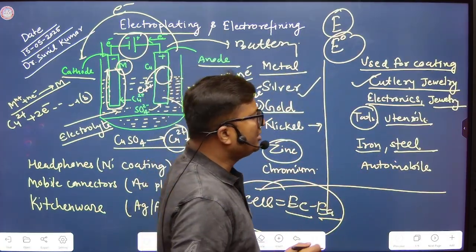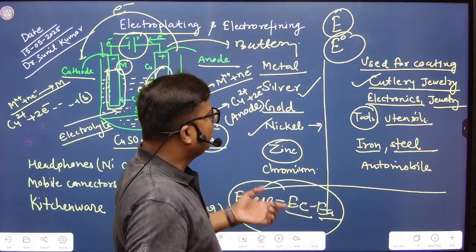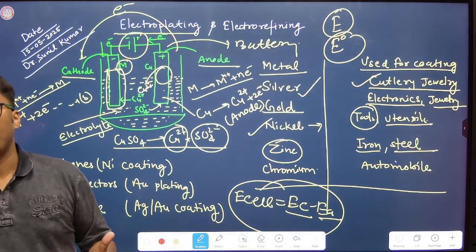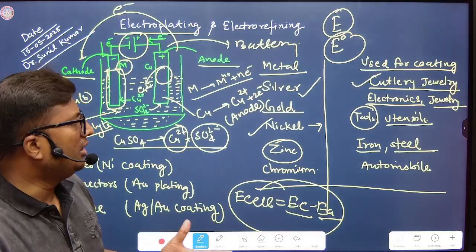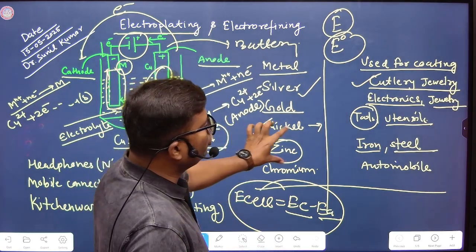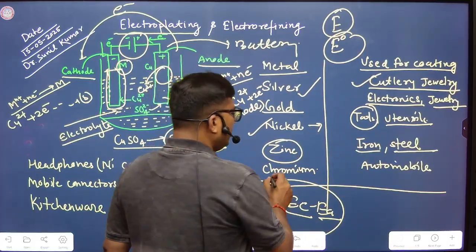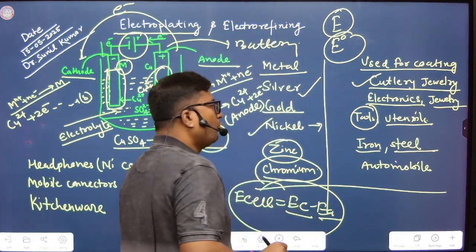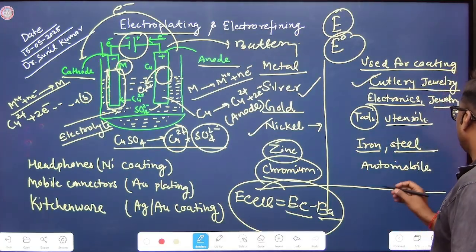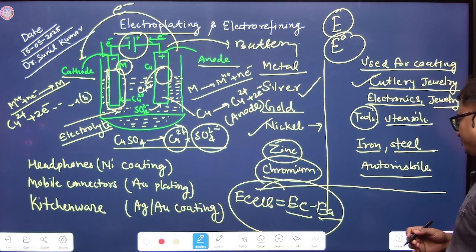Steel is an alloy, so in comparison to iron, it is kept below, and the metal below is highly inert or corrosion resistant, they are not reactive. So here zinc is used as an electroplating for the iron surface. Now the next one is chromium. Chromium is used to electroplate automobile vehicles, etc.